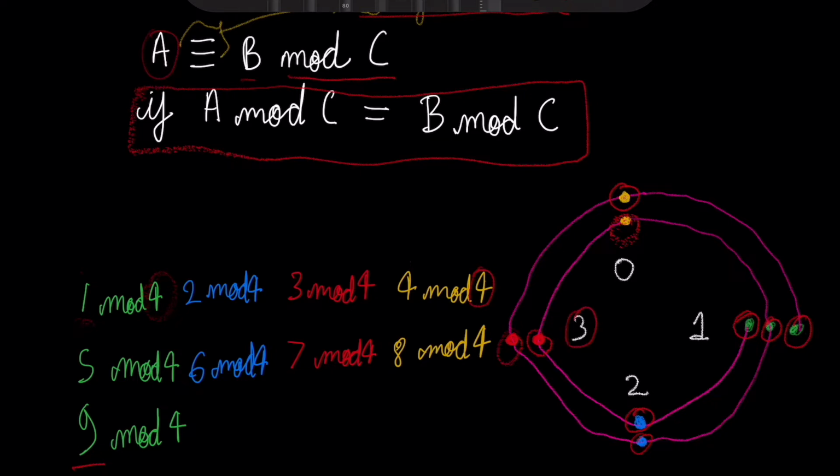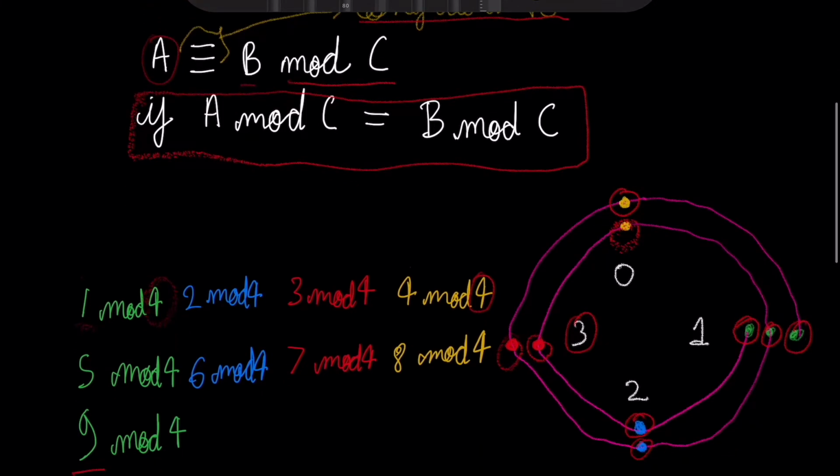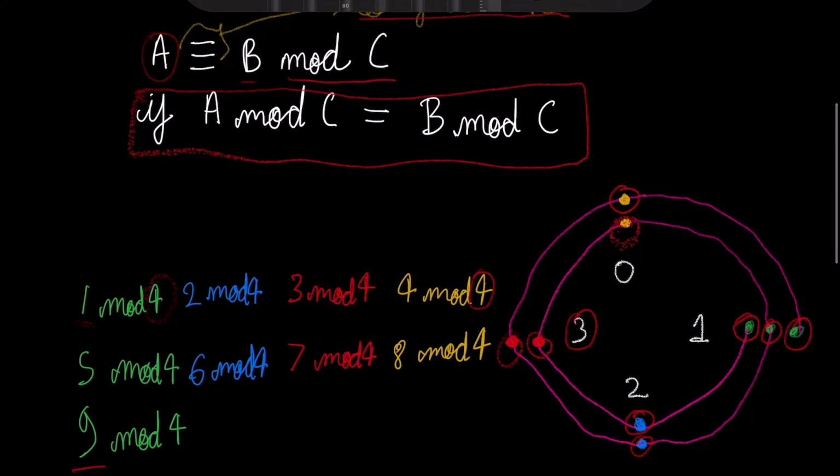Now, you can see it follows a pattern. The values just rotate around these values. If I want to find 1 mod 4, all I need to do is start at 0 and move one step, from 0 to 1, and we have 1 mod 4.